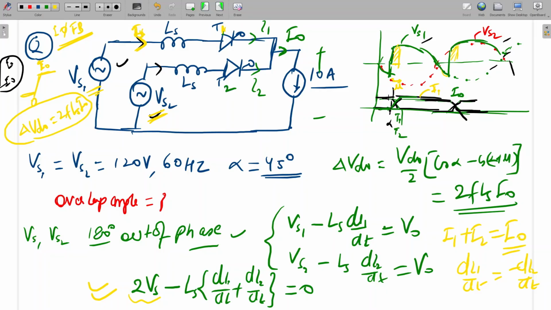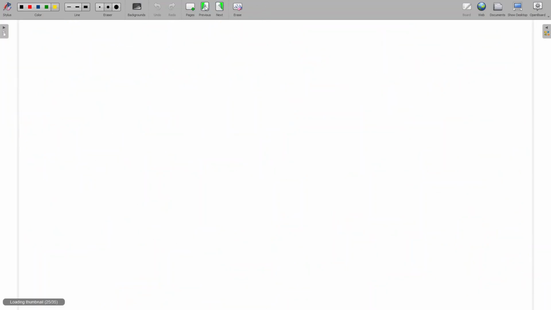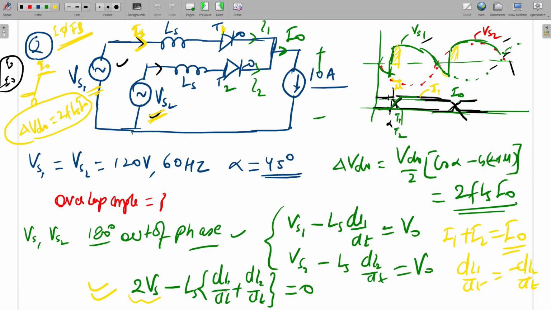So we can write this equation as 2Vs minus Ls, and the sign will be plus here, I think. So minus di1 by dt plus di2 by dt.